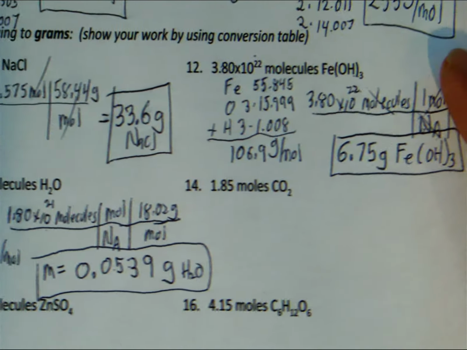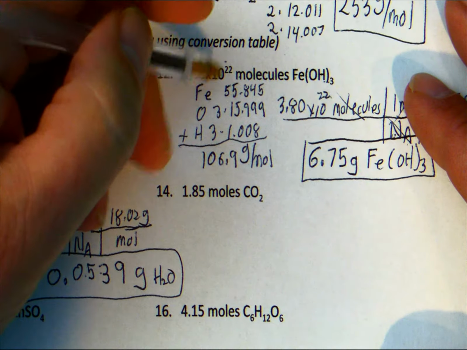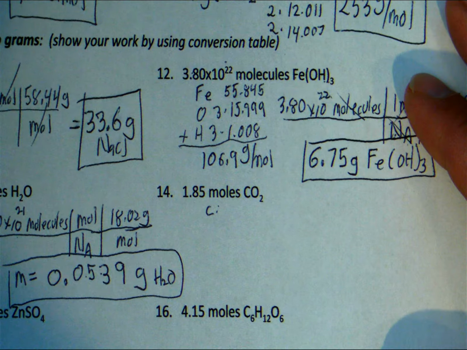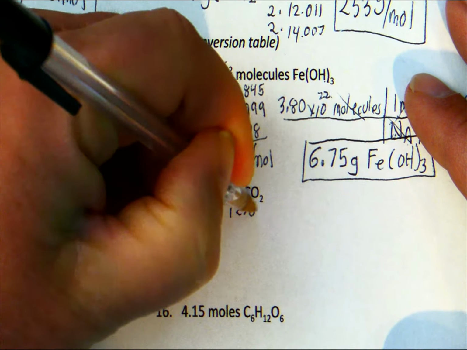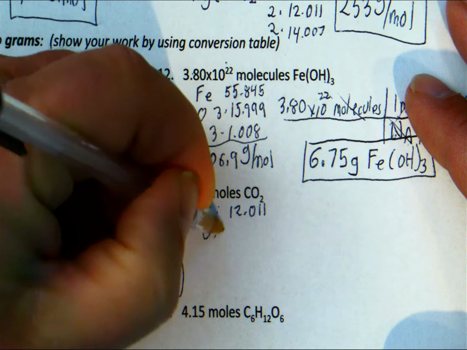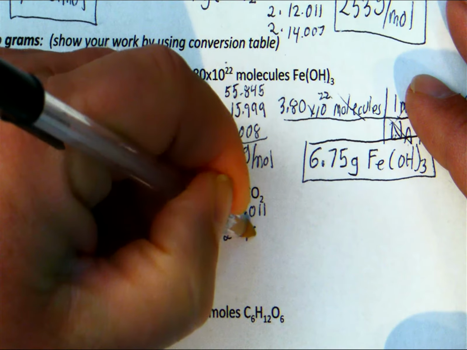Number 14, I have 1.85 moles of carbon dioxide. Well, carbon is, from the periodic table, 12.011 AMUs. Oxygen, I think you know by now, I have 2 of them, and each one is 15.999.